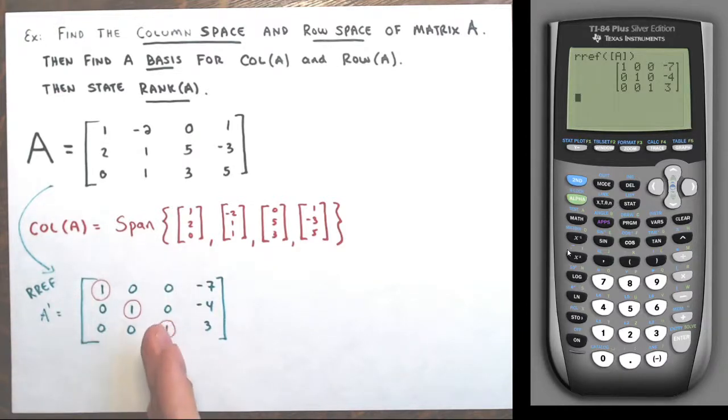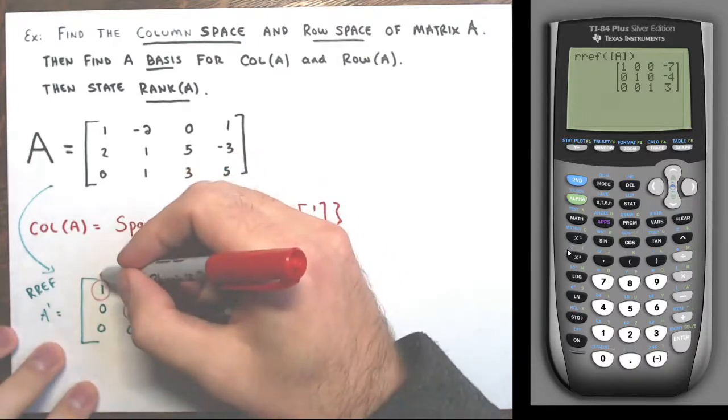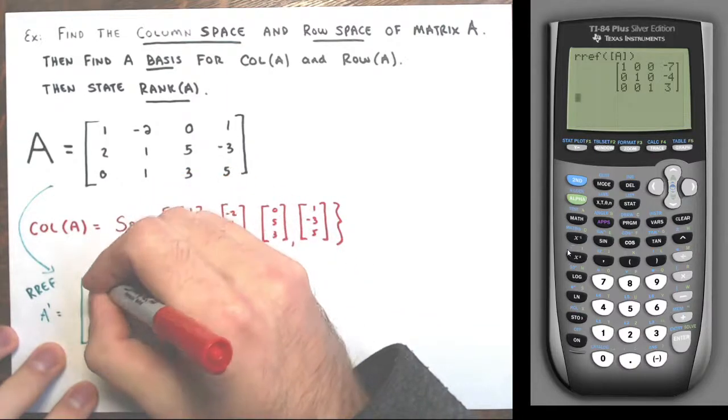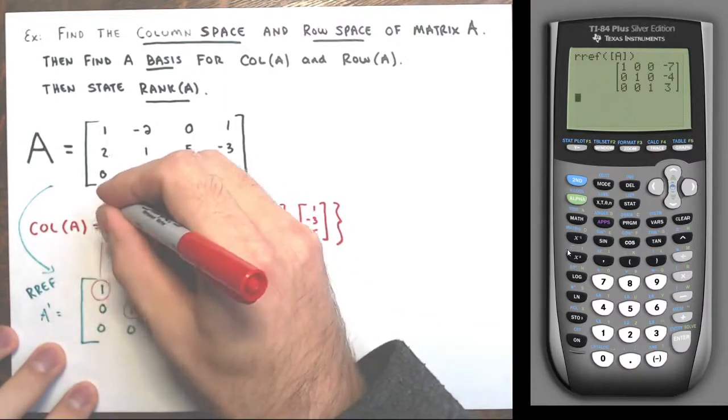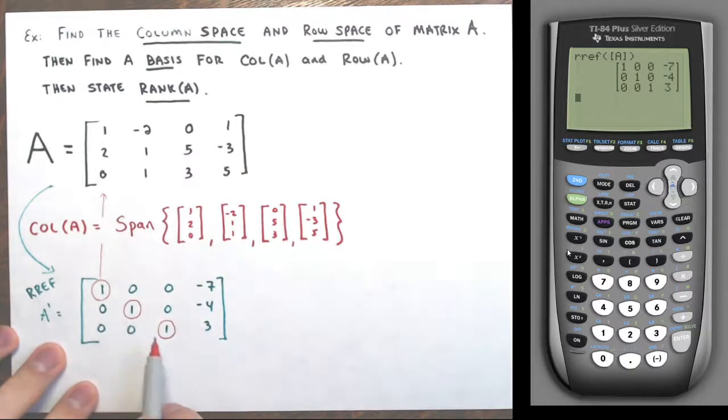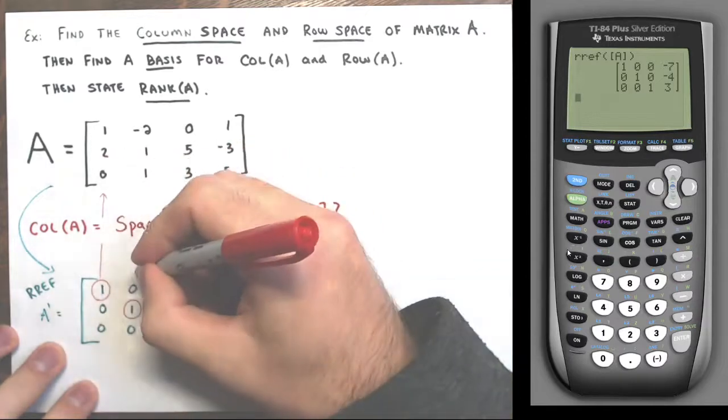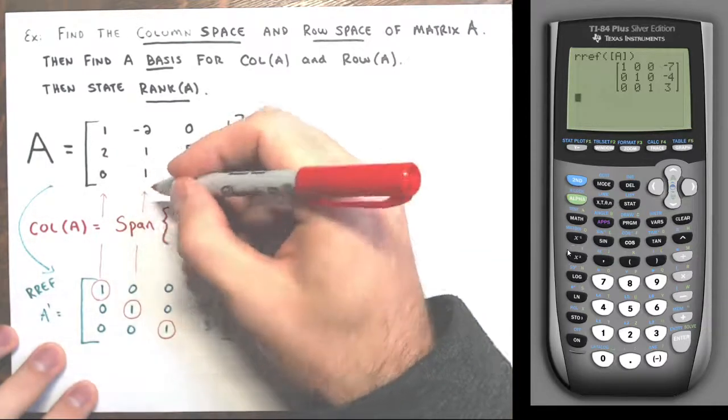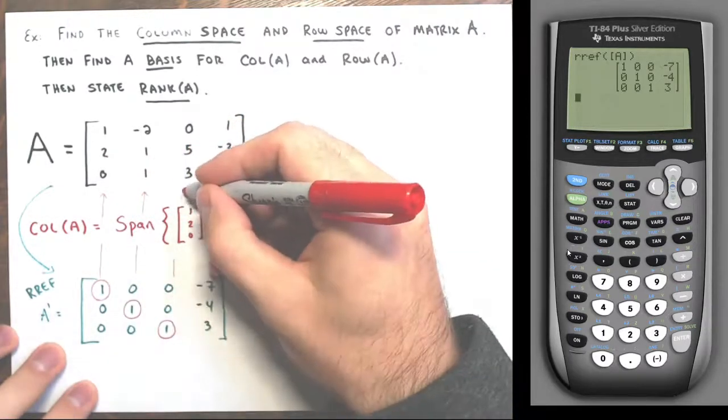Again, I could here because these 3 are the standard basis for R3. All of R3 is spanned by these. But what we're going to do in general, for all my problems here, is the first, second, and third pivot columns in reduced echelon form will correspond to the set of vectors from the original matrix.